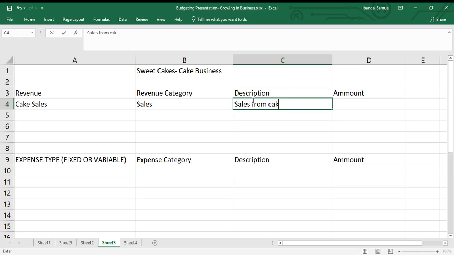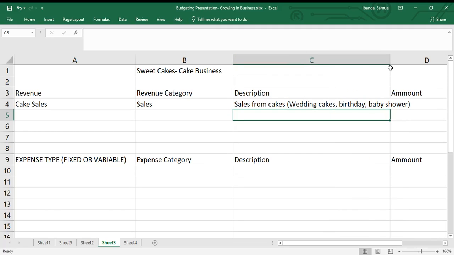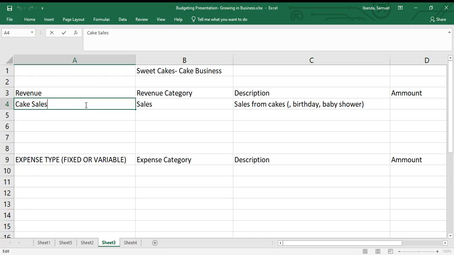Sales from the cake business, from cakes, i.e. maybe wedding cakes, birthday cakes. If you have many of these, you can even create a breakdown of each of them. So you can say, this is what I budget to get from wedding cakes, and we can distribute them.